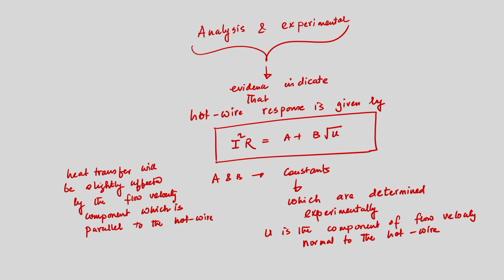We are interested in measuring only the normal velocity component, and that too by using the heat transfer, but it is not the case always that the velocity components will be normal to the hot wire. So, the existence of a parallel component of velocity may slightly affect the measurement technique, but this is very less.